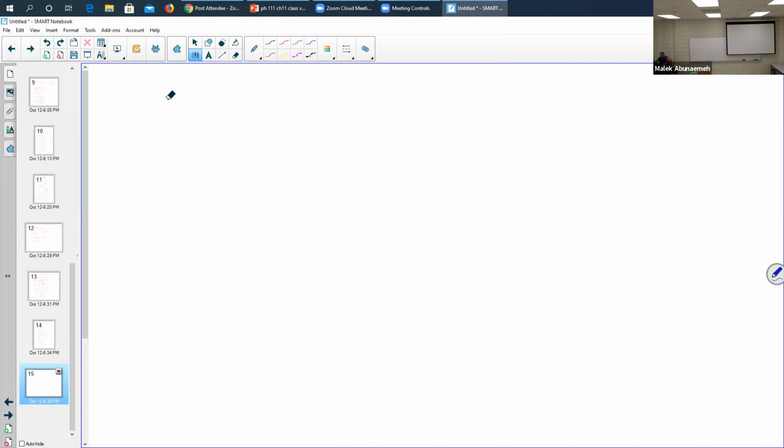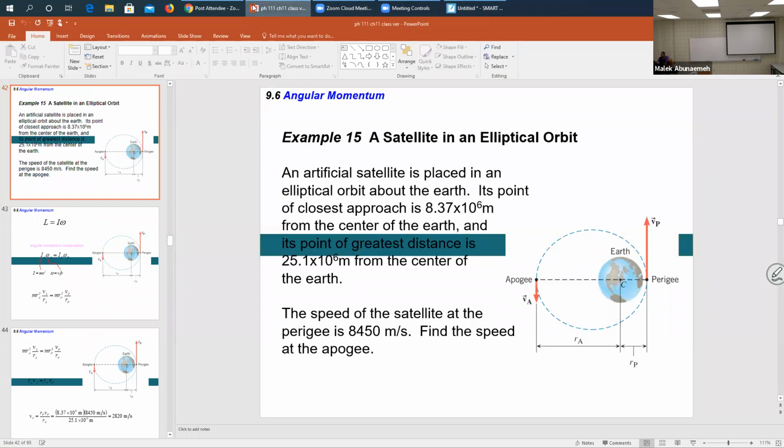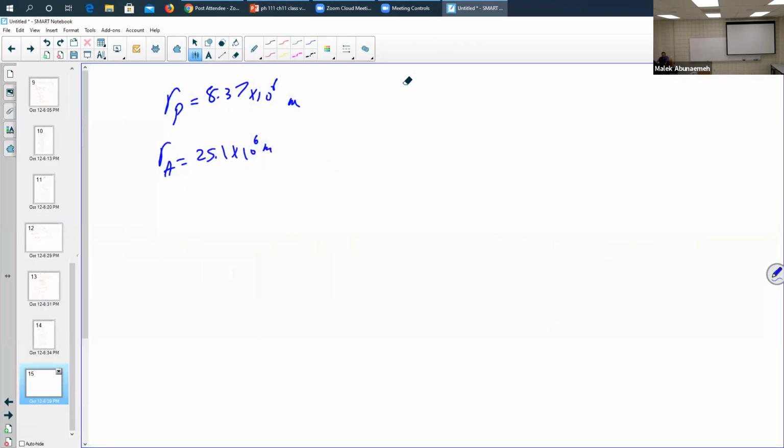So your R perigee, we said, was 8.37 times 10 to the 6 meters. And your distance for the apogee is 25.1 times 10 to the 6 meters. And we have a satellite speed of 8450, so VP is 8450.